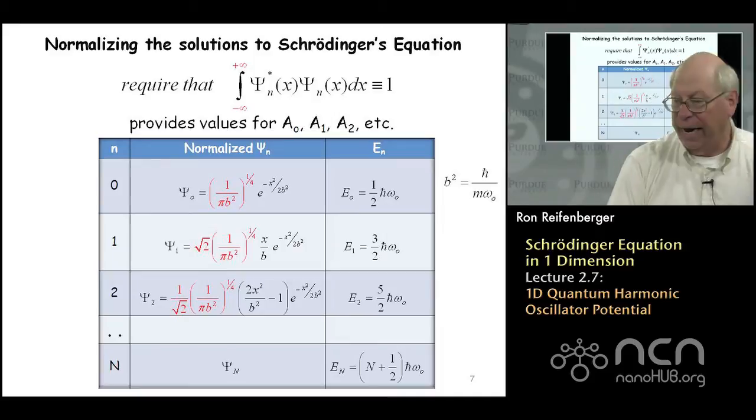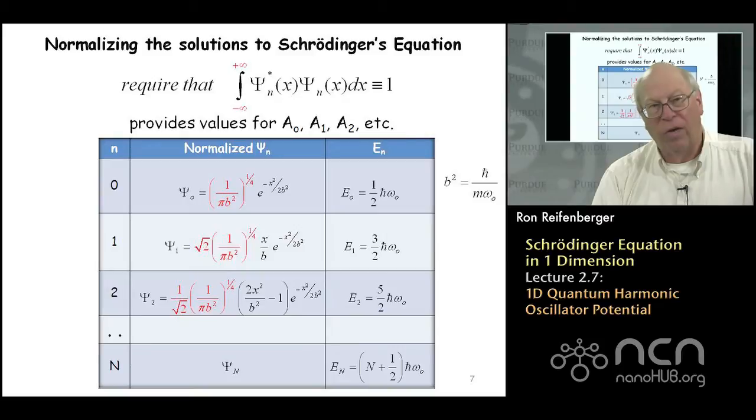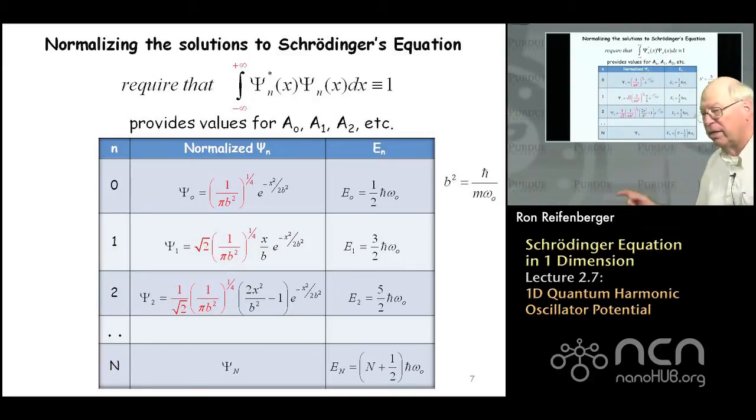In the next slide, I list the energy eigenvalues for different quantum numbers n, and the quadratic potential well is notable because of the extremely simple form for the energy eigenvalues. You can see that the energy eigenvalues follow an equation given by (n plus 1/2) times h bar omega naught, where n is the quantum index of the state that the particle is in.